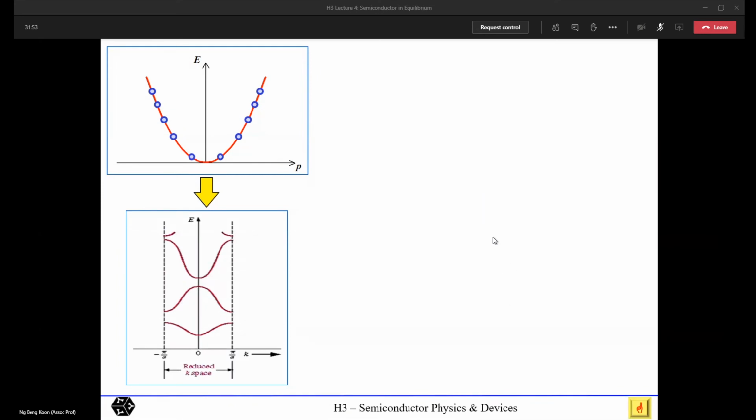In other words, we look at the EK diagram, which is generally not purely parabolic but comprises different curves, which somewhat resemble a parabolic relation at certain parts of the curve.